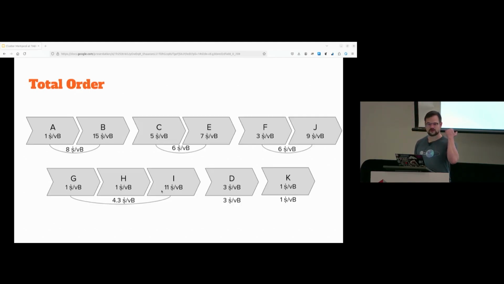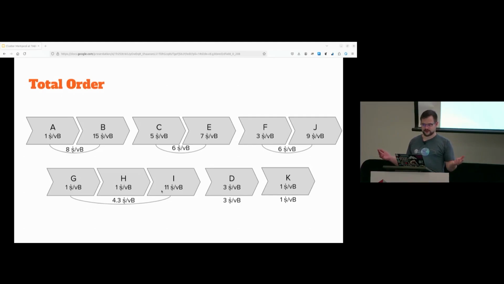So our total order for those clusters would be the first chunk from the first cluster, the first chunk from the second cluster, or the first chunk from the third cluster. They have an equivalent fee rate. Sorry, I should have built a better example. And then the second chunk from the third, the second chunk from the second cluster, and finally the third chunk from the third cluster. So what do we have now?